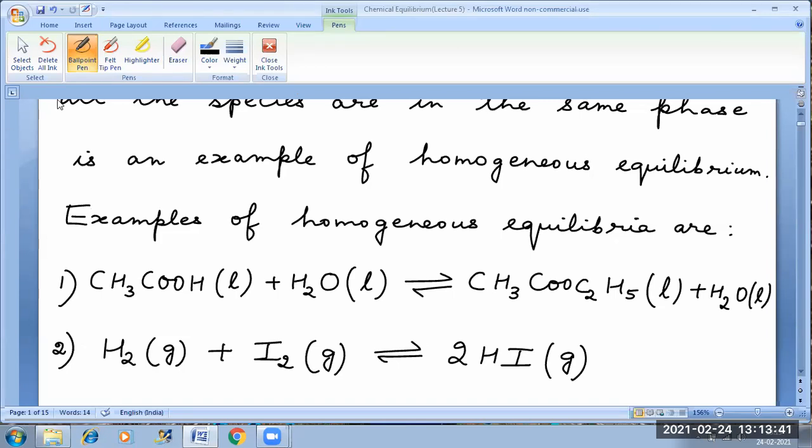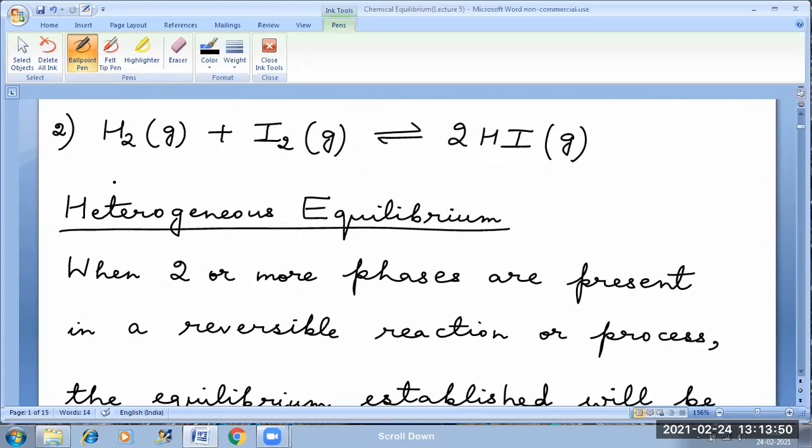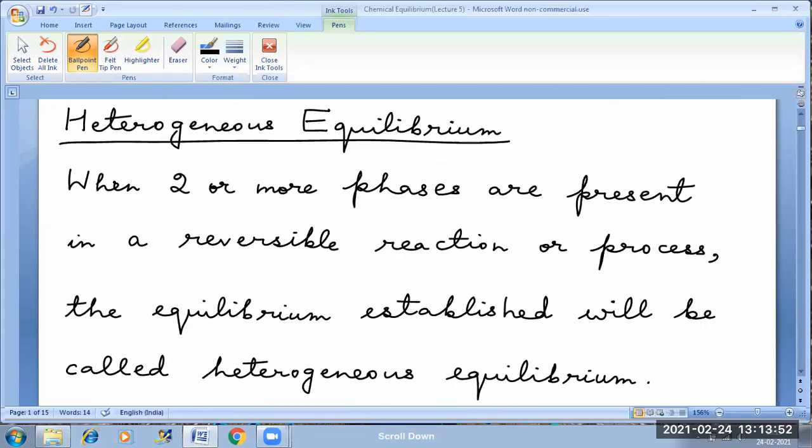So then the opposite or the other type should be heterogeneous equilibrium. So when two or more phases are present in the same reaction or process, the equilibrium established will be heterogeneous equilibrium. At least two phases should be present.